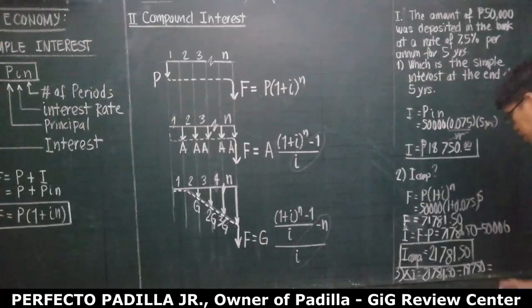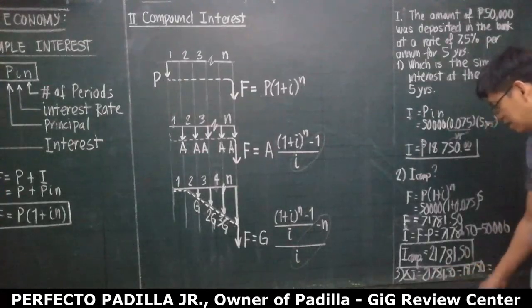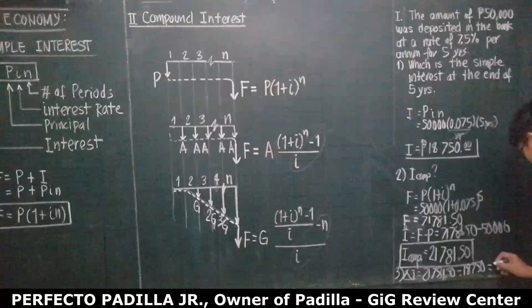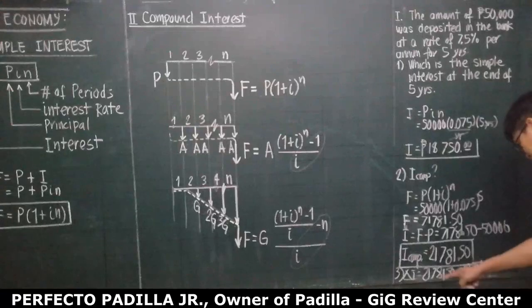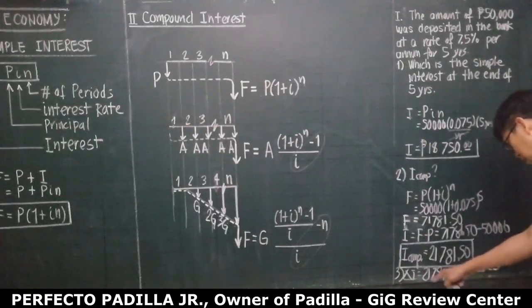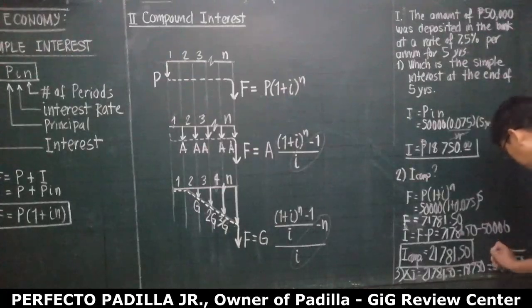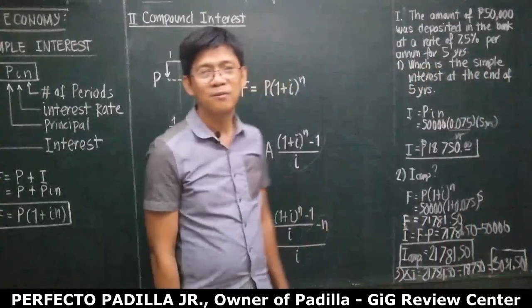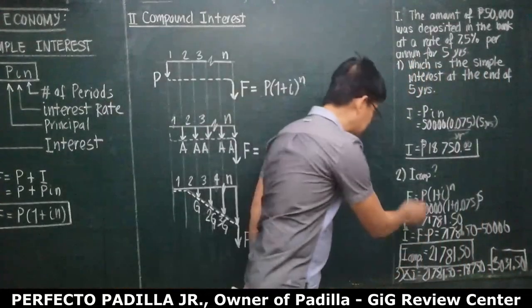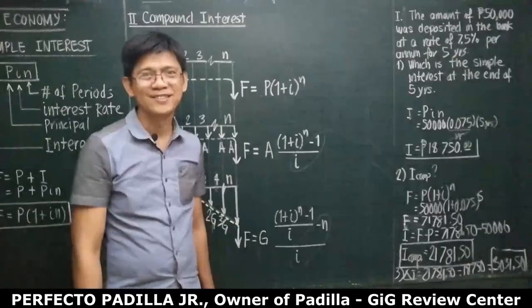So, this is going to be equal to, cancel na ito, no? 21 minus 18, so that is 3,000, and this must be 31.50. So, ito yung difference in their interest. Naintindihan niyo? Maliwanag. So, you just subtract this from this one. Maliwanag? Kuha niyo. Okay, sige. Kopya.